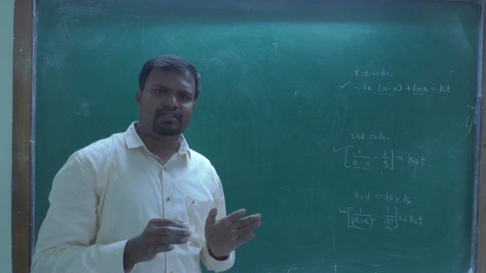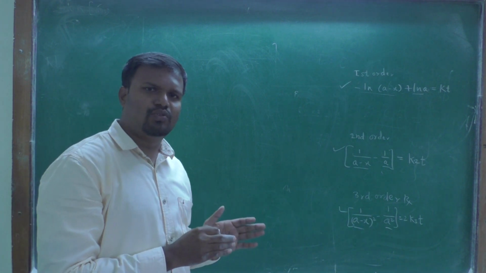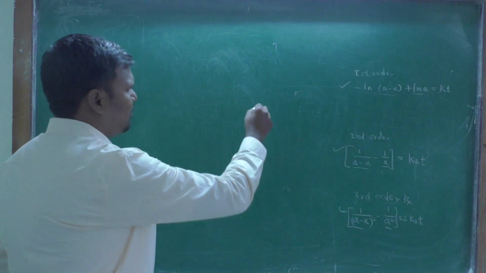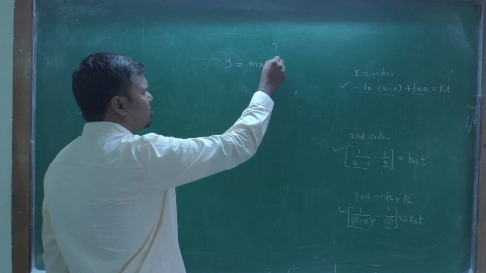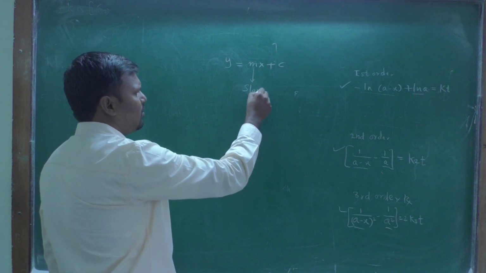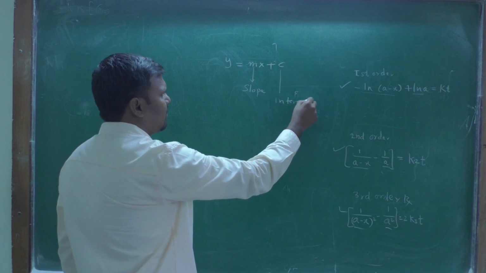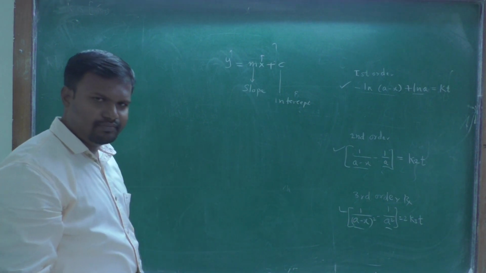To represent a graph, we have to compare this equation with a line equation. The line equation is y equals mx plus c. m is the slope, c is the intercept, and these are the x coordinate and the y coordinate.